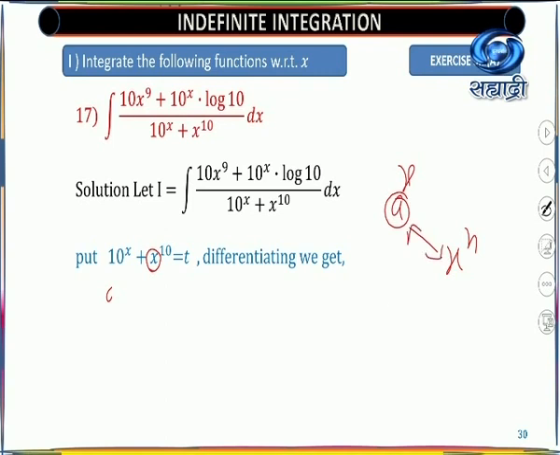In a raised to x, x is in the power, so you get its derivative as a raised to x log a.